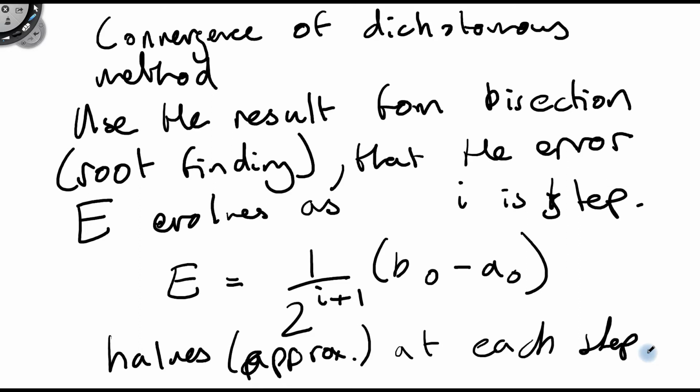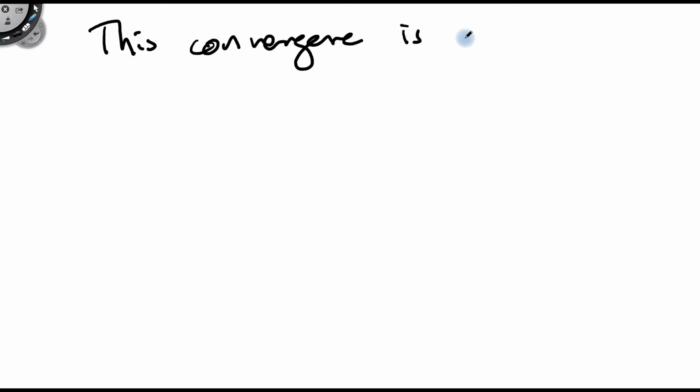But we have to do one more thing in order to compare the convergence with the next method. So this convergence is written in terms of step.